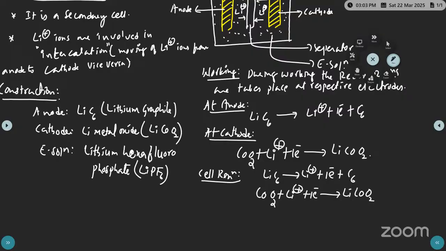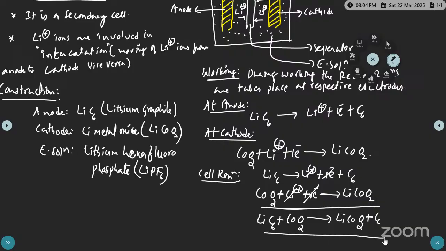Cancel the common terms: the 1 electron and lithium ion cancel, and what remains is LiC6 plus cobalt oxide gives lithium cobalt oxide plus C6. This is the net reaction of the cell.